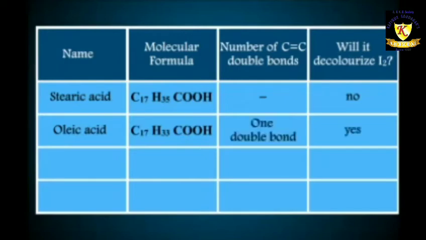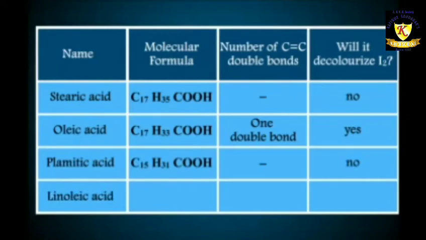Number of carbon double bonds: 1, and will it decolorize iodine? Yes. Palmitic acid, C15H31COOH. There is no carbon double bond and it will not decolorize. Linoleic acid has 2 carbon double bonds and it will decolorize iodine.